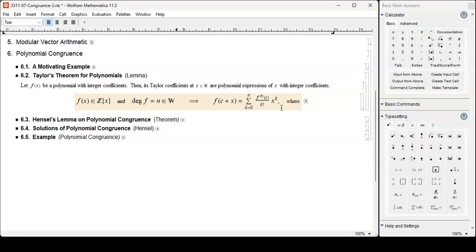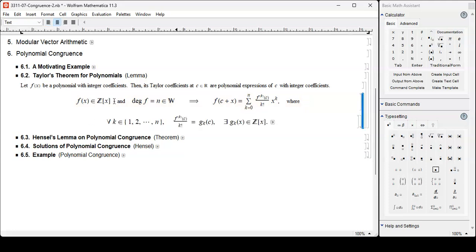The punchline of this lemma is the next line. If we begin from polynomials with integer coefficients, then each Taylor coefficient is also a polynomial expression of c with integer coefficients. You see, this looks like a rational expression. We have k factorial in the denominator.